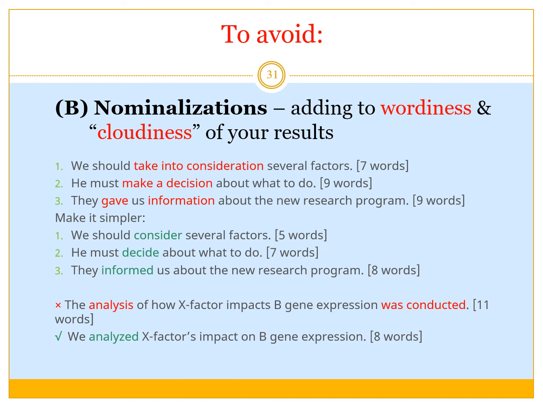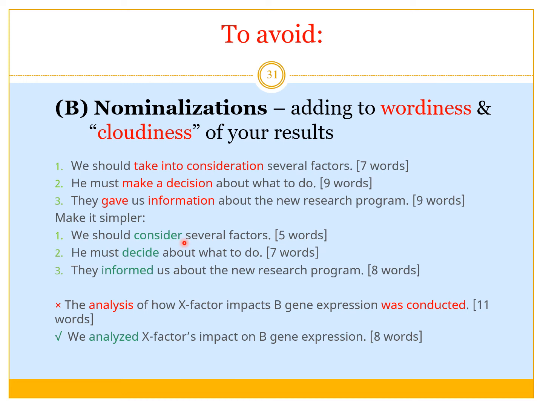So I'm giving you examples here. For example, you try not to use too complicated words such as: We should take into consideration several factors. Or he must make a decision about what to do, or they give us information about the new research programs. Instead of using words like this, you can make it simple by saying, we should consider several factors.